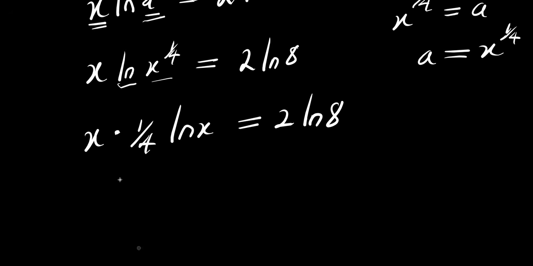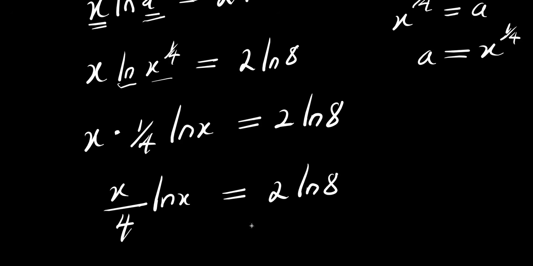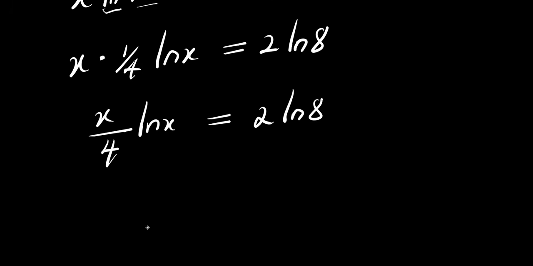So from here, x times 1 over 4, that is x over 4 of natural log of x equals 2 times natural log of 8. So what I'm going to do will be to eliminate this 4 right here. So to achieve that, I multiply both sides of this equation by 4.